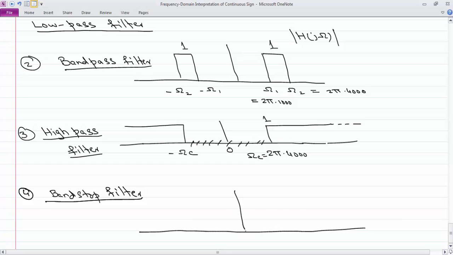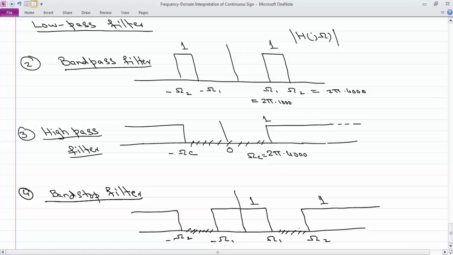It will be 1 from minus infinity to minus omega 1, and from omega 1 to... and then 1 again after omega 2. What this filter is doing is killing only frequencies in a band and letting all the other frequencies pass.